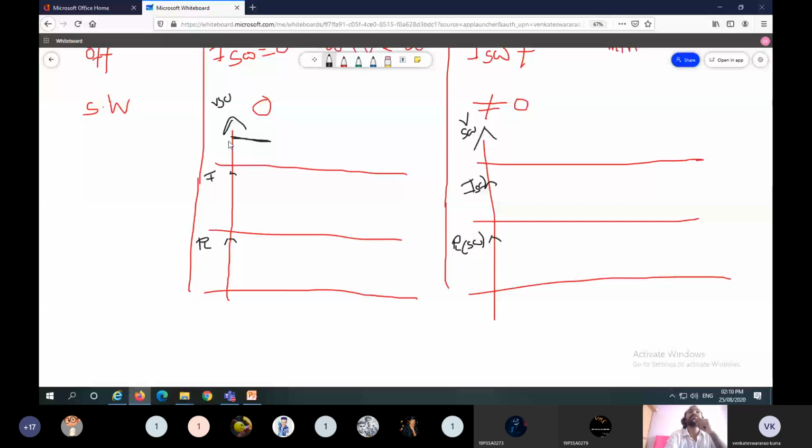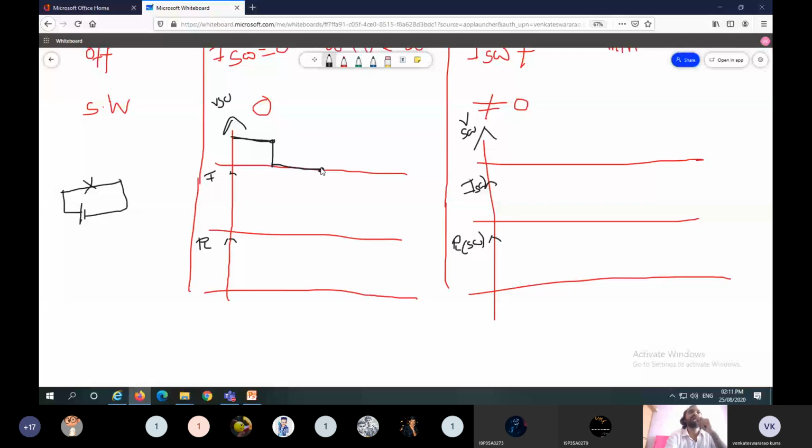When the switch is on, it acts as a short circuit. Under short circuit condition, voltage across the switch equals 0. So voltage will become 0 whenever the switch is turned on.